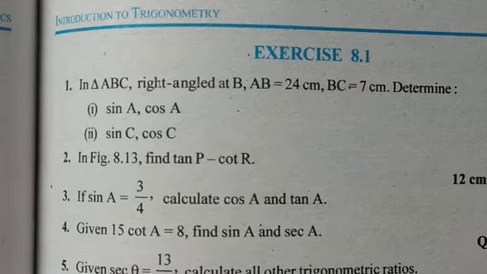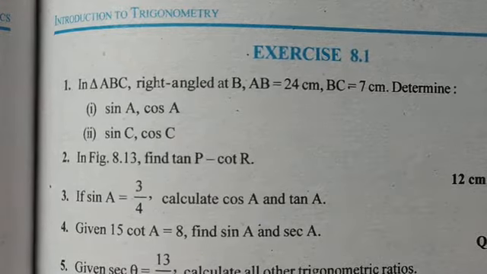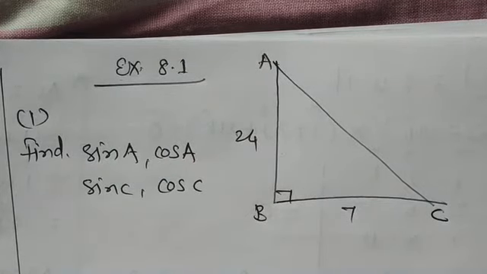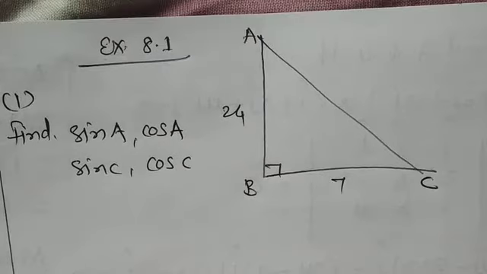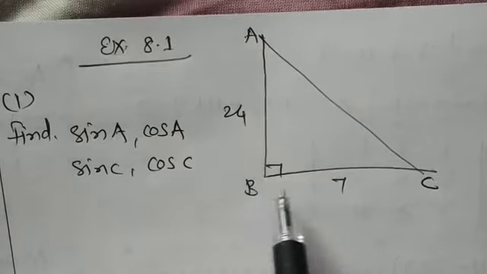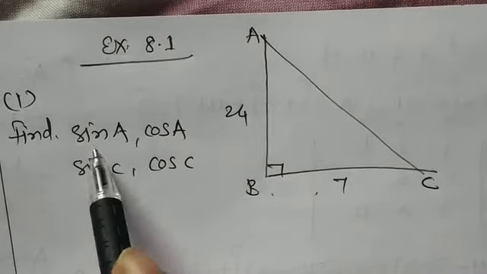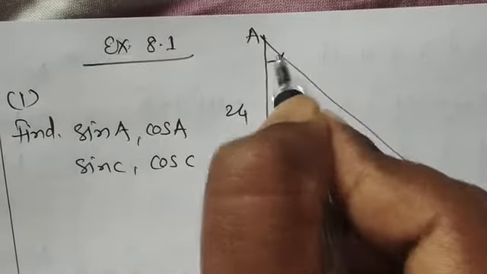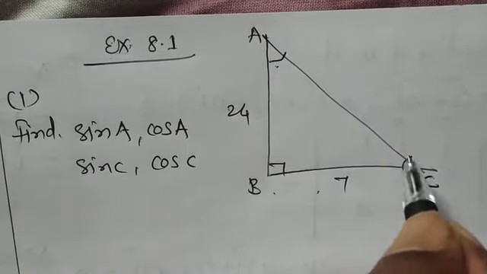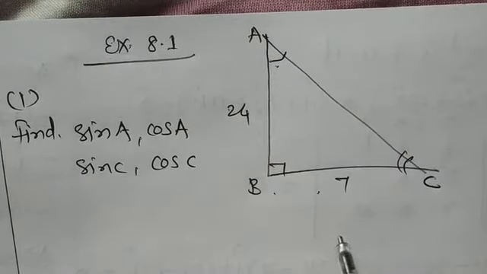Now, from this information, we can draw a figure. ABC is a right angle triangle, angle B is 90 degrees. AB is given as 24, BC is given as 7. Find sin A, that is this angle, cos A, then sin C and cos C also.